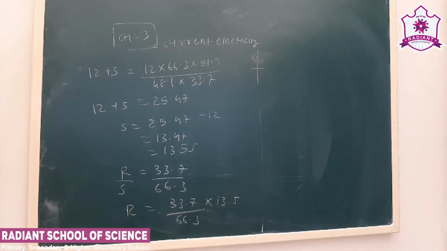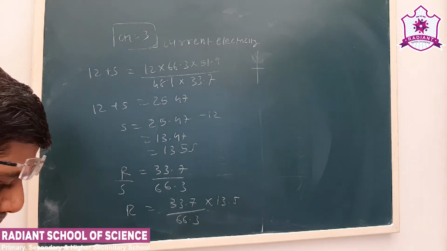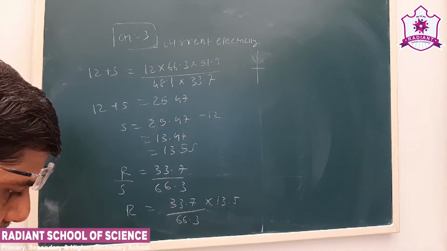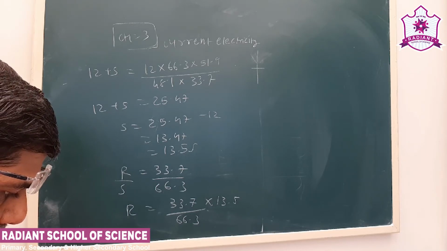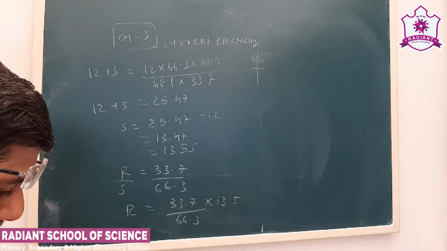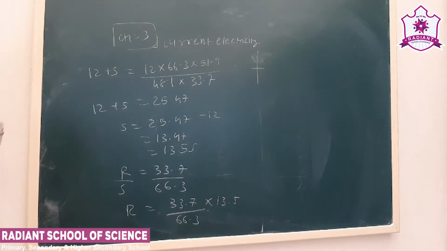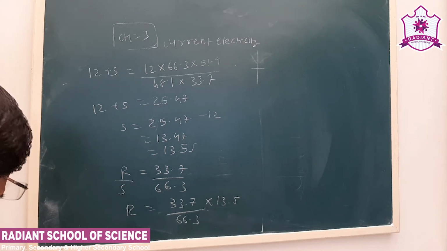Into 13.5 divided by 66.3 will get 6.87.